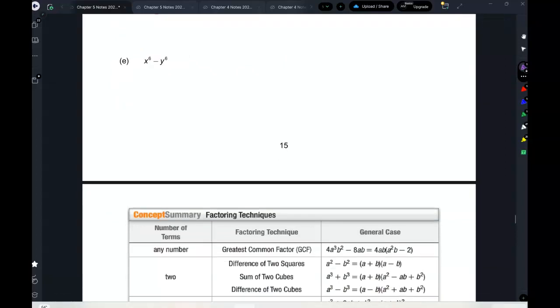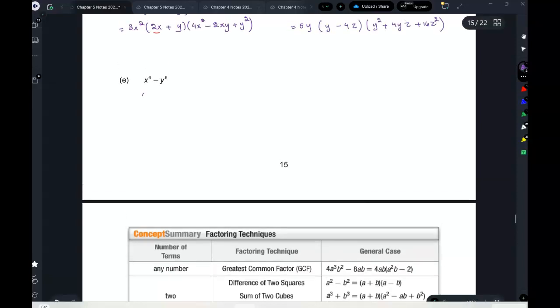All right, here. There's actually two ways to do this. You can either do this using difference of squares or a difference of cubes. We're going to do it using difference of cubes. So this is technically x squared cubed minus y squared cubed. So this factors as x squared minus y squared, and then square, plus or minus?